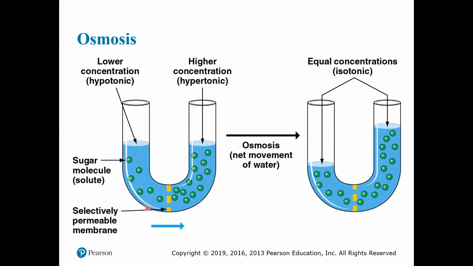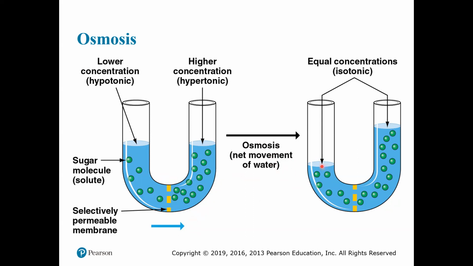You have low sugar concentration on the left-hand side and high sugar concentration on the right-hand side. So water will move from low solute concentration to high solute concentration. In this example, water will move from left to right across that membrane. This net movement of water is osmosis.